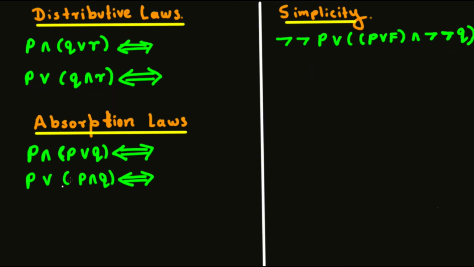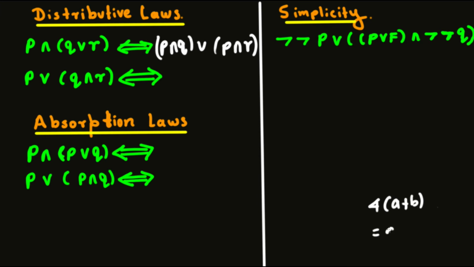Let's look at the next laws. We have the distribution laws. Distribution law says when we have P and (Q or R), it can be written as (P and Q) or (P and R). Now if you remember, when we have something like 4(A plus B), this can be written as 4A plus 4B.